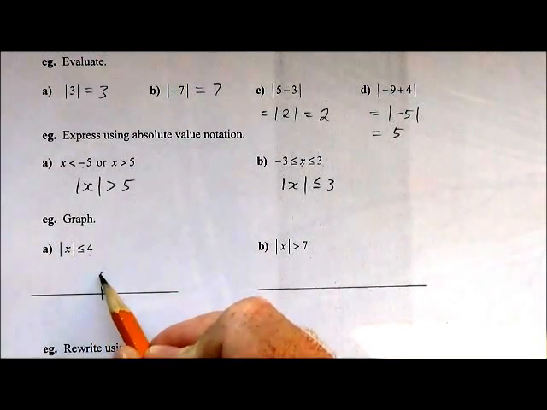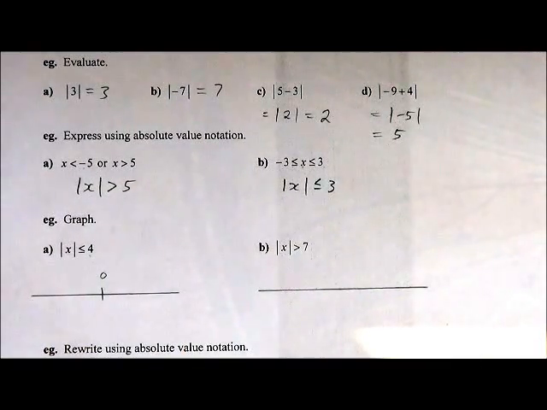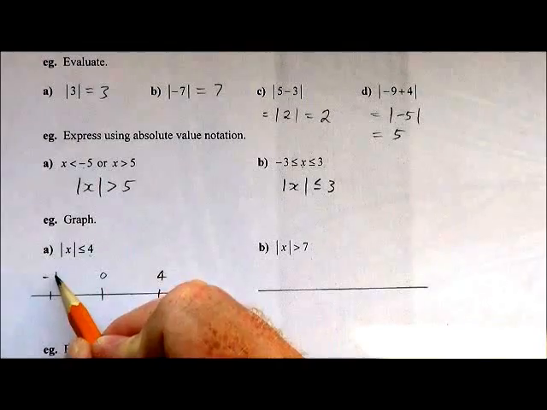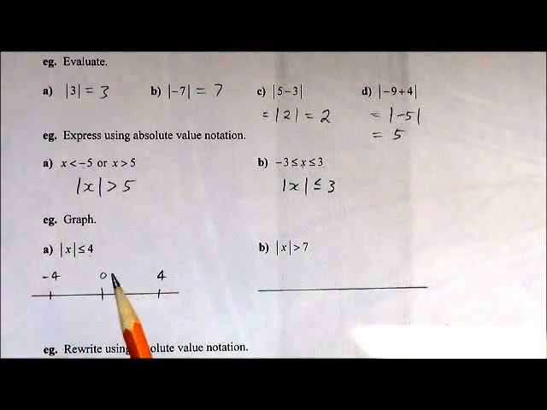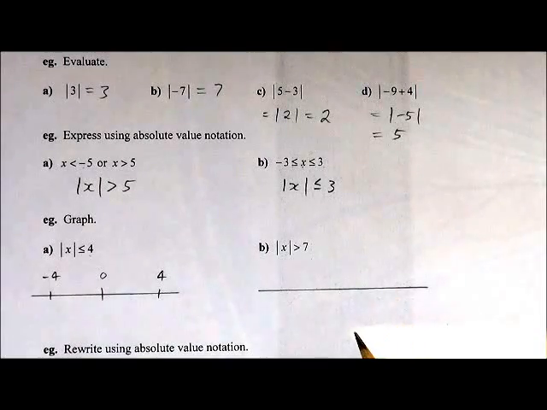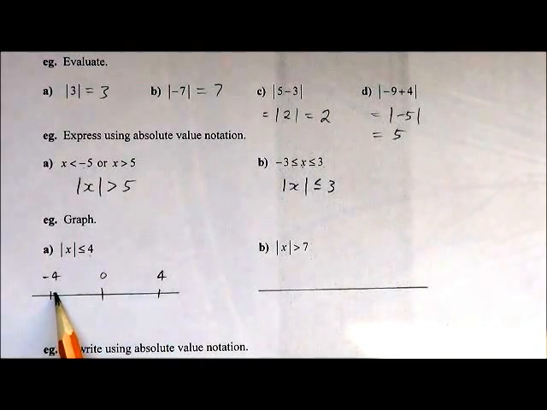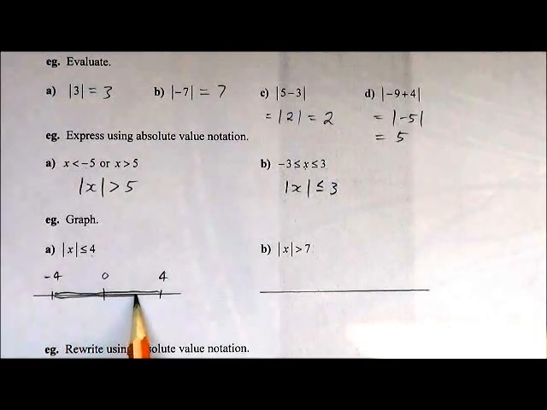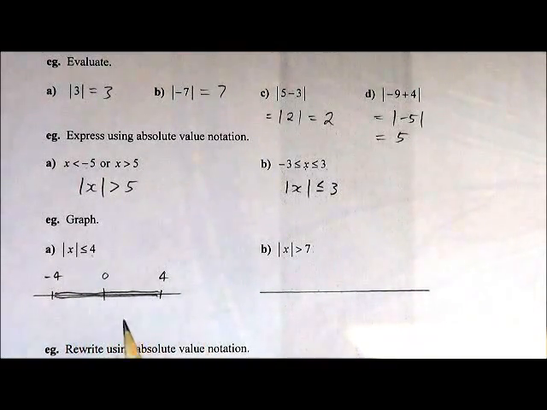So we can just say that there's the origin of 0, here's 4, here's negative 4, and if all the values are less than or equal to 4 units away from the origin, we know it's going to be in here. I'm going to draw it with a double line, I should be doing this with a ruler. So it's between negative 4 and 4.